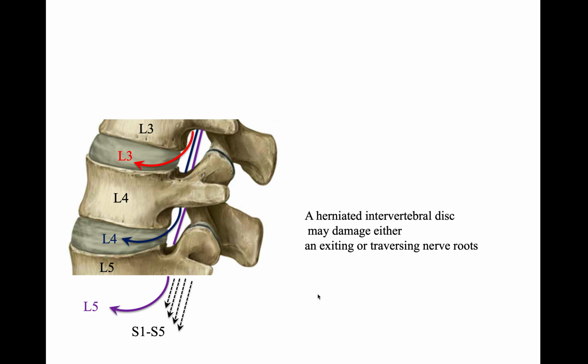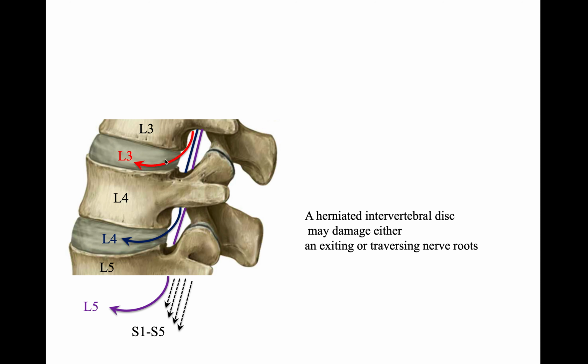And so looking at how a herniated disc might affect the patient, it's important to keep in mind that it could damage the fibers that are exiting at the level where the protruding disc is located, and that's going to be more of a lateral herniation. So in this case, you have L3, L4 with the L3 disc.